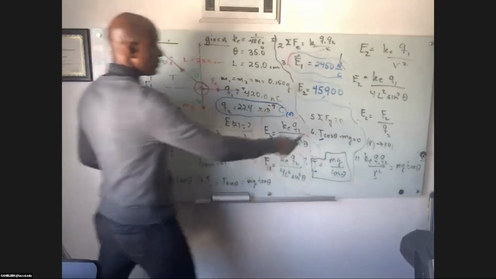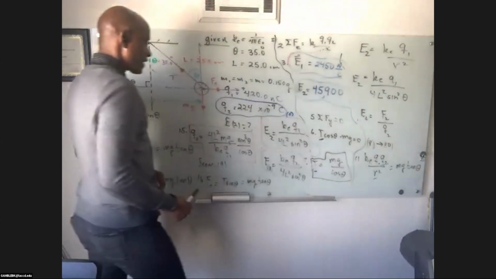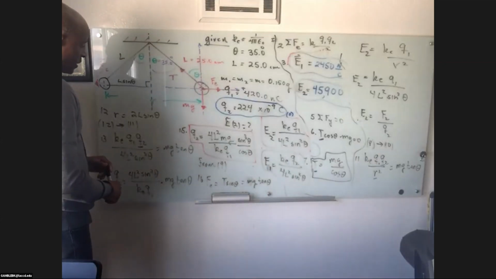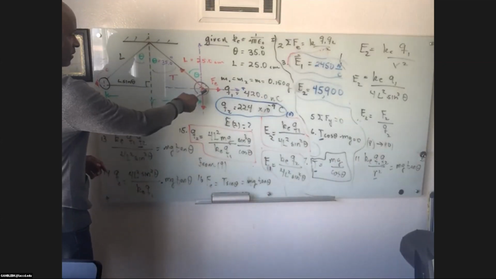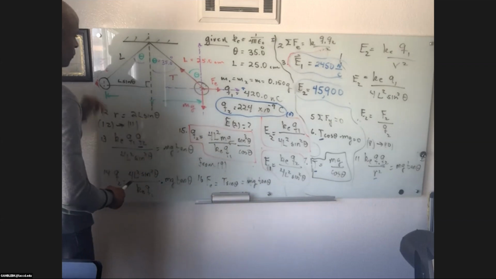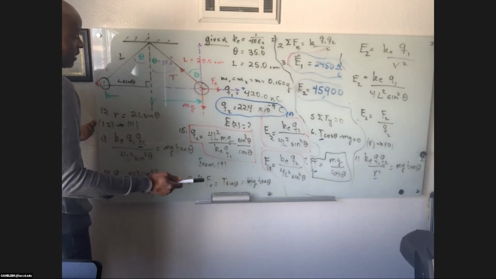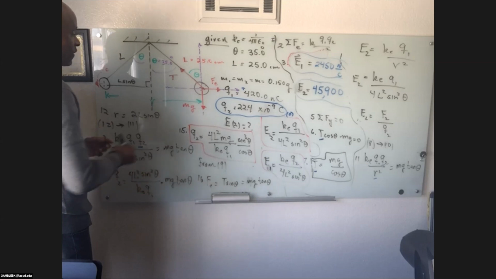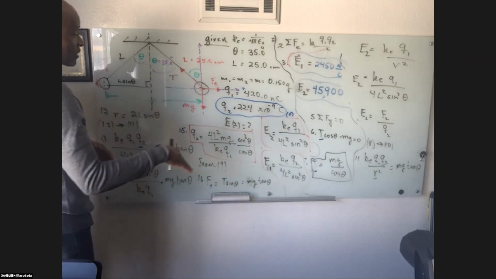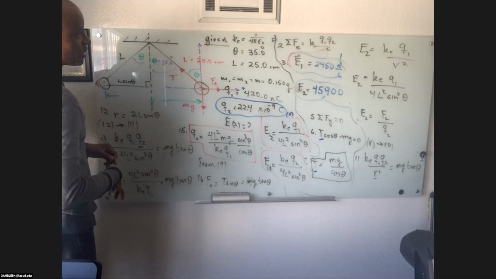In order to use the definition of electric field, we would have had to, well, we didn't have to do that to figure out the field there, because we already knew Q1. But to do the field over here, we would have. Could you have figured out the field at E2 without that?